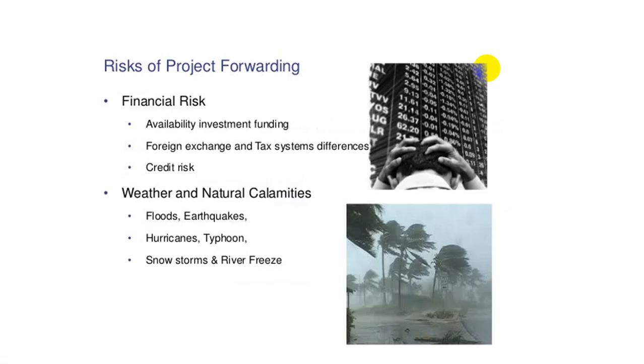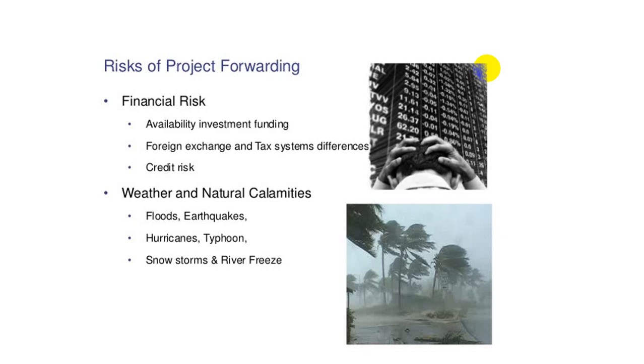Risks of project forwarding are not only technical, they can also be financial risks, such as the availability of investment funding. If we have a problem with funding, then we'll have a high risk.